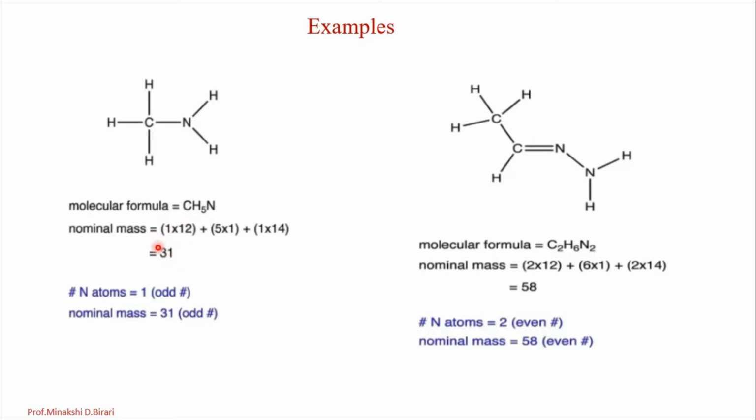Here the nominal mass is 31, the number of nitrogen atoms is 1, an odd number, and the nominal mass is also an odd value, that is 31.